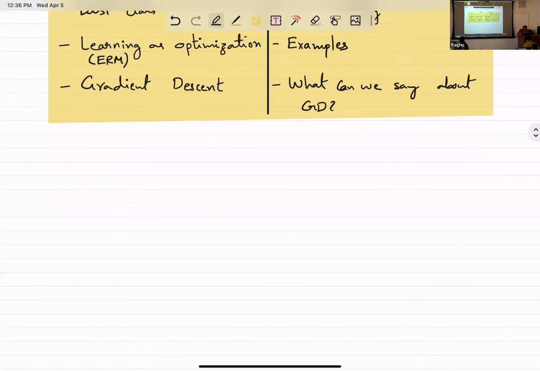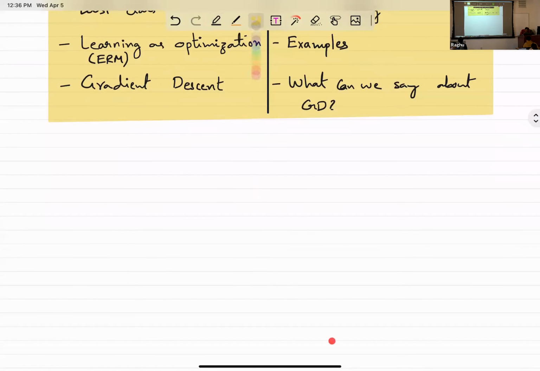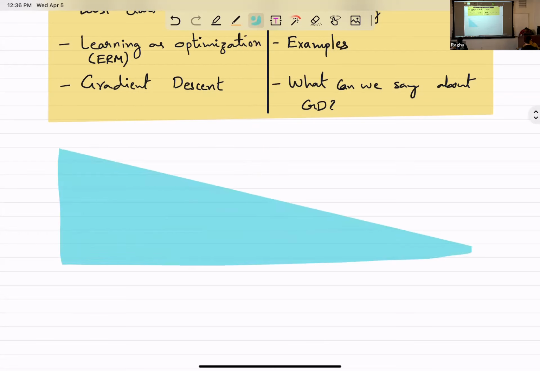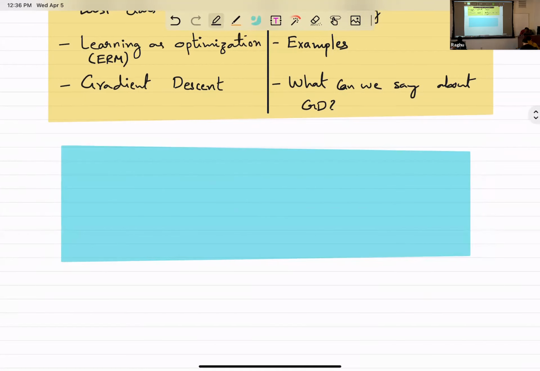So what did we learn from those things? Step size can matter, right?